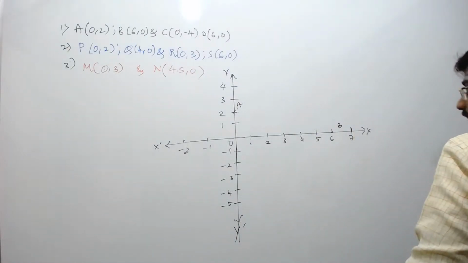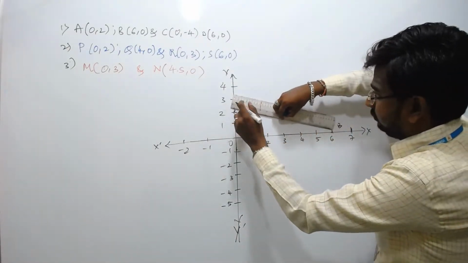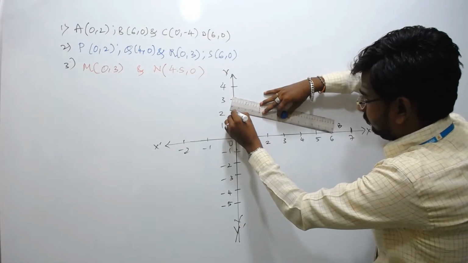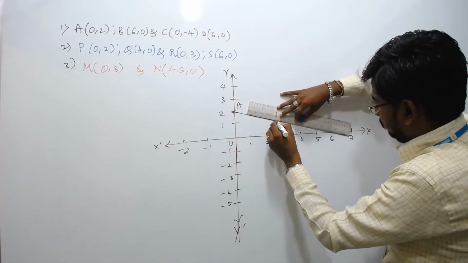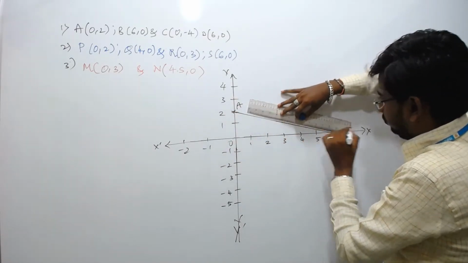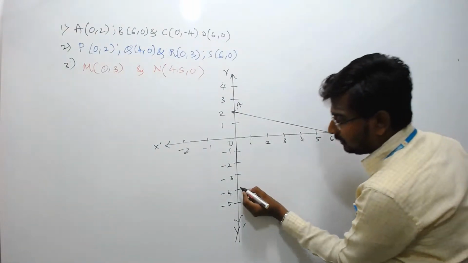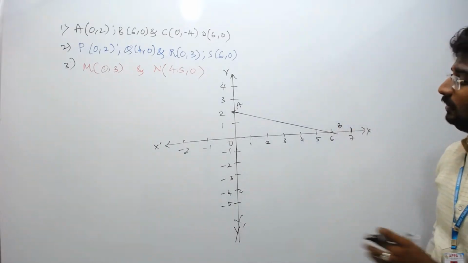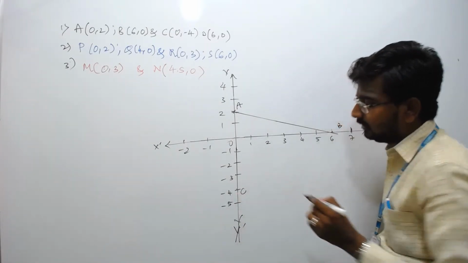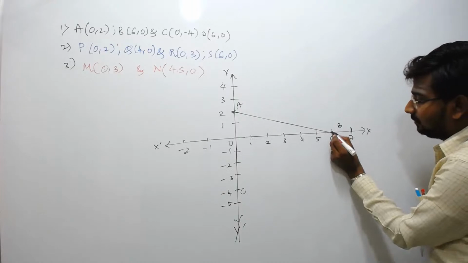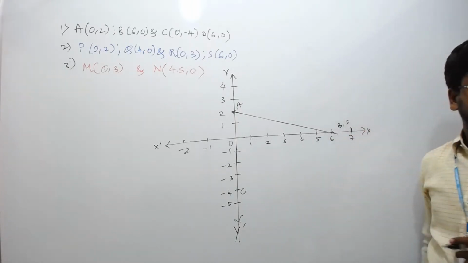So join this AB point first. Okay, then what is CD? 0, -4. Point C here. Point C 0, -4. Point D again the same. B and D both are one and the same.